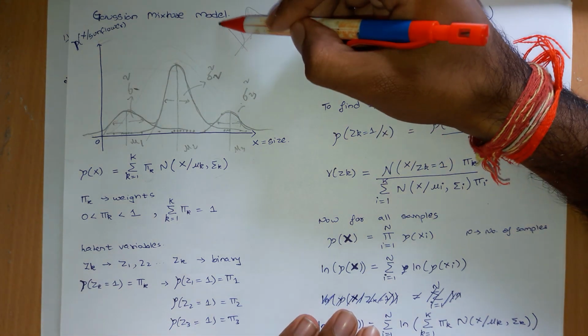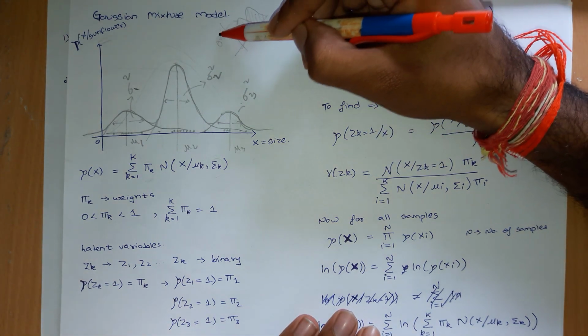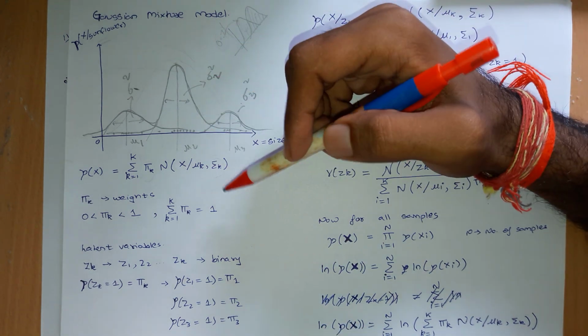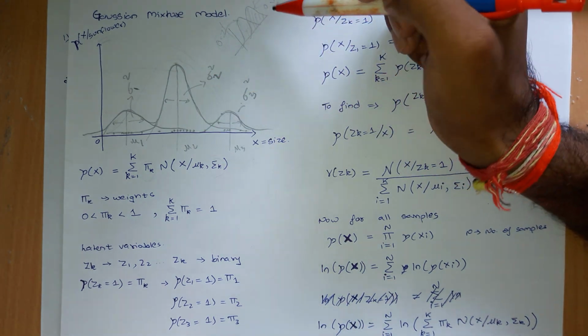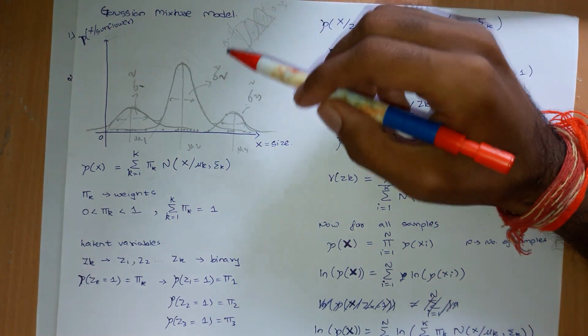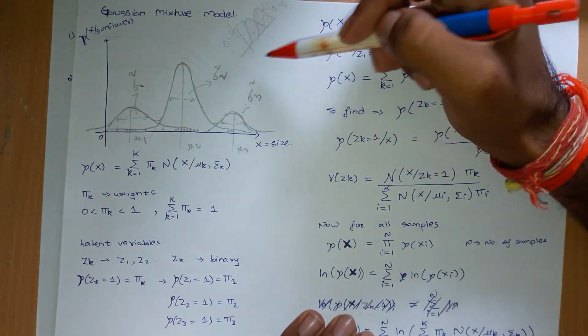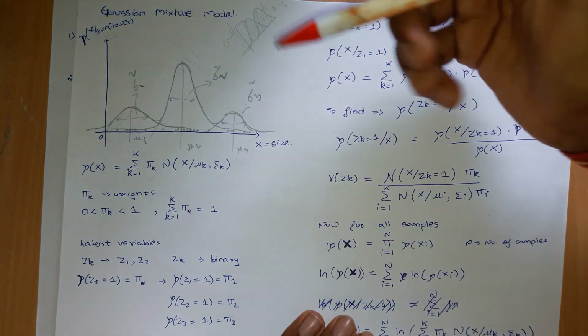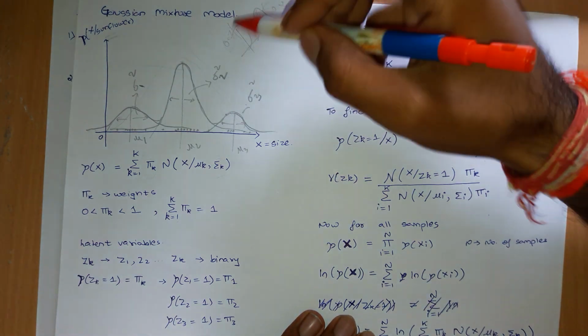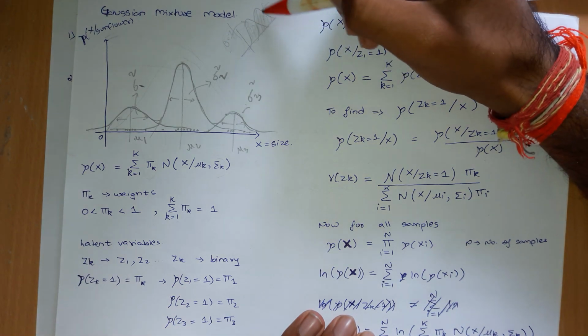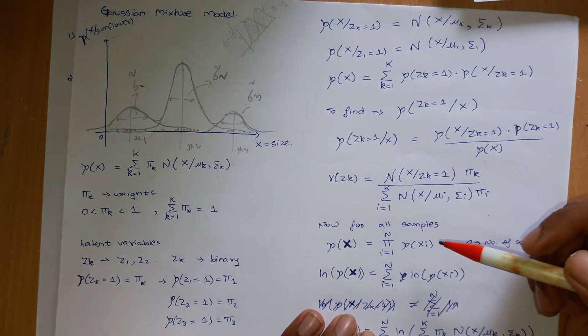So we have to multiply this by some factor between 0 and 1, and this one also by some factor between 0 and 1, and then you can make the total area 1. So you can multiply this by 0.7 and this by 0.3, and the area will become 1.